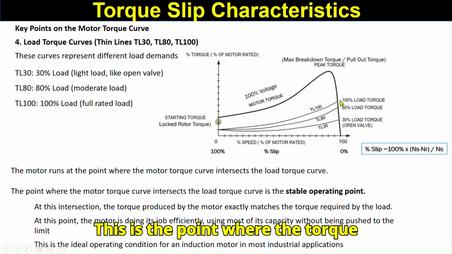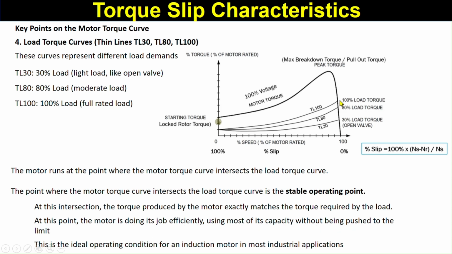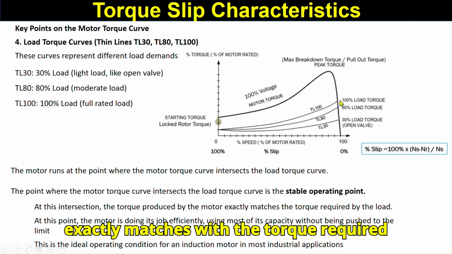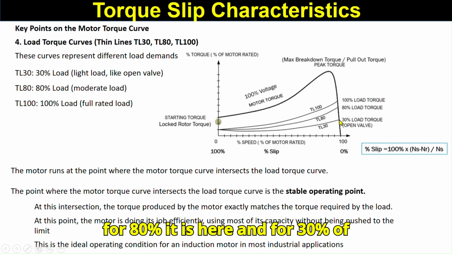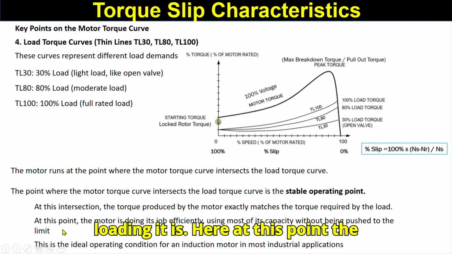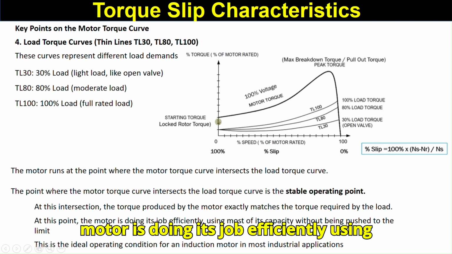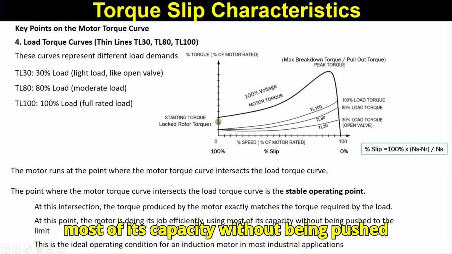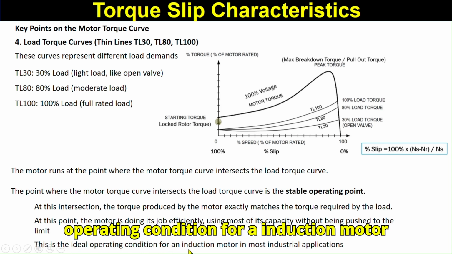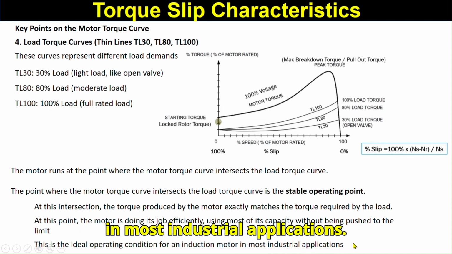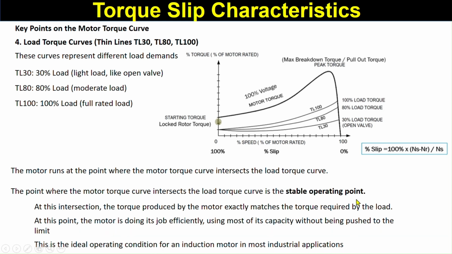So for 80% it is here, and for 30% of loading it is here. At this point the motor is doing its job efficiently, using most of its capacity without being pushed to the limit. This is the ideal operating condition for an induction motor in most industrial applications.